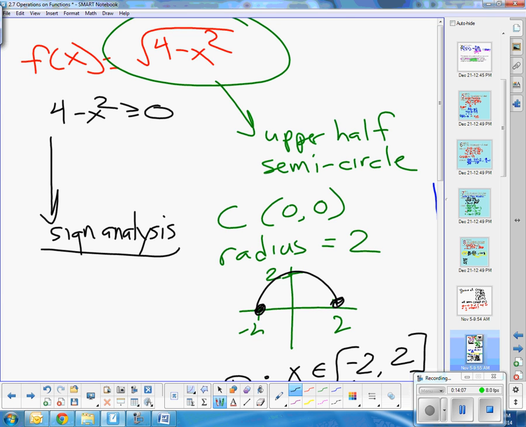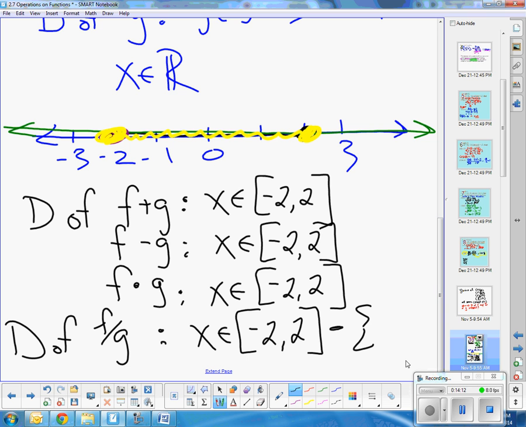So I've got to take that out of the domain only for the division, because -1/3 will give us a 0 in the denominator. So that's a quick intro on using operations on functions for specific values, in general cases to write new functions, as well as finding their domains. It can be some tricky stuff. We'll continue working on it, but this gets us a head start going into class.